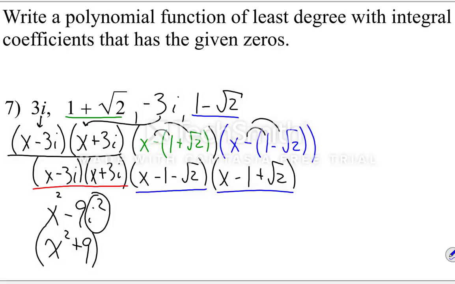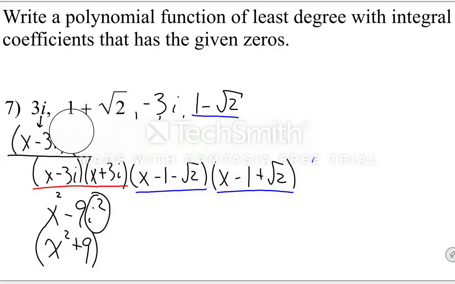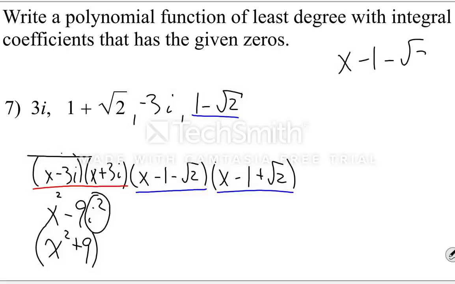So there's two different ways to do so. One way is the box. So let's show that way here. Let me erase some things here. Okay. So I'm going to put x minus 1 minus root 2 on top.